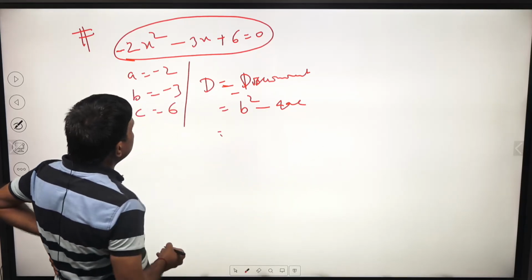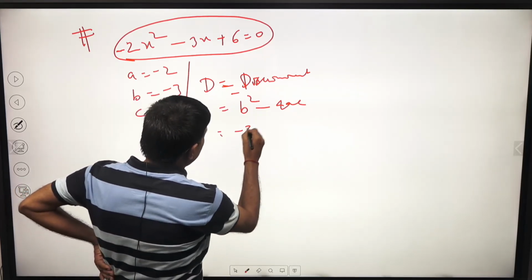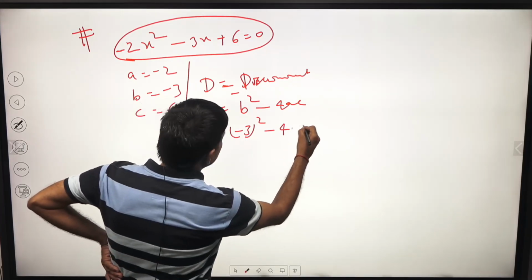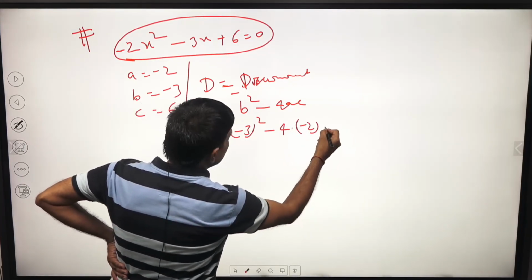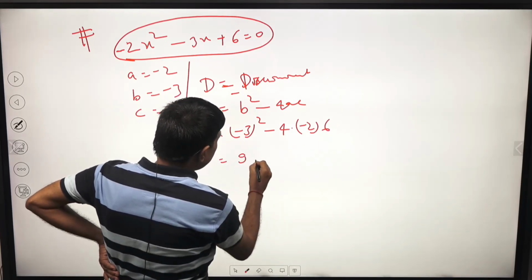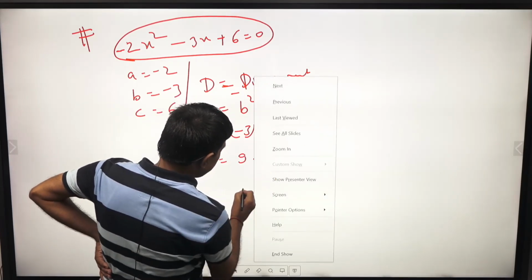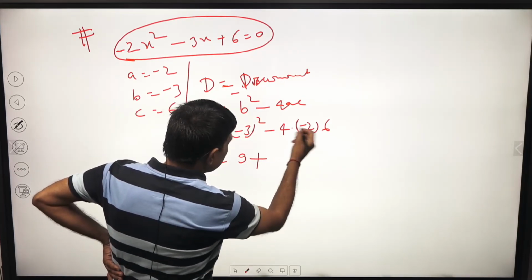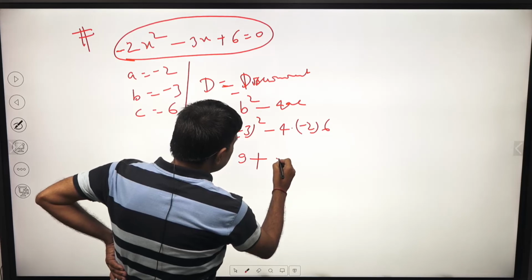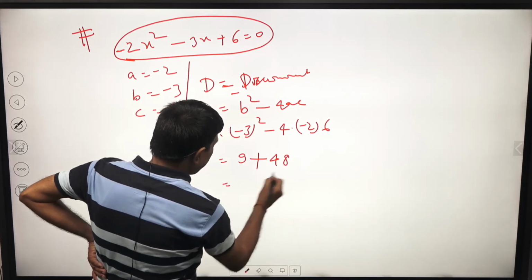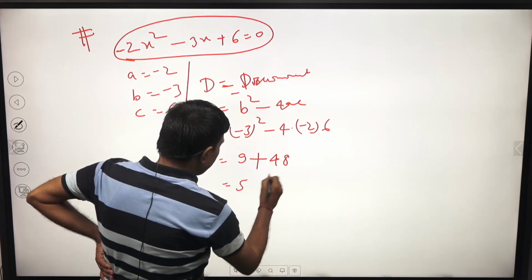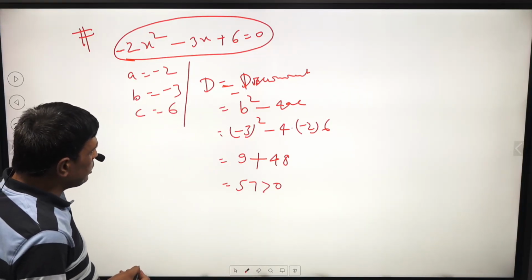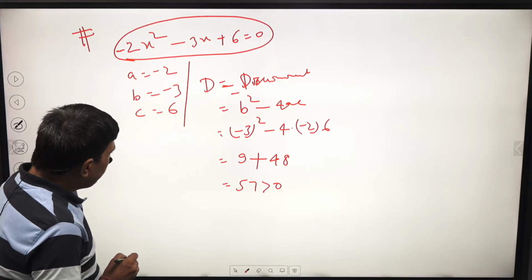Here b is equal to minus 3, so minus 3 whole square minus 4ac, where a is equal to minus 2 and c is equal to 6. So that is 9 plus 48, that gives 57, greater than 0. So here d greater than 0, that intersects the x-axis.